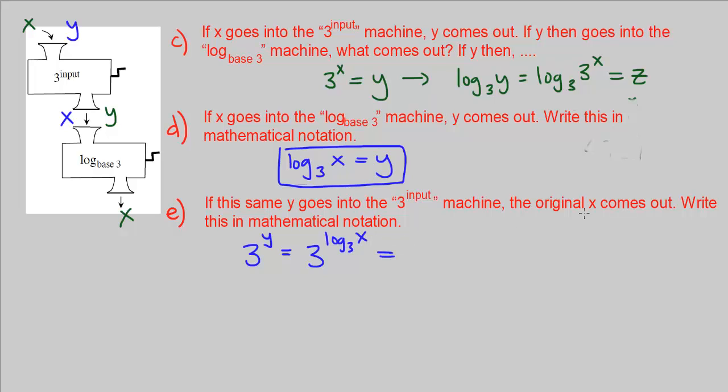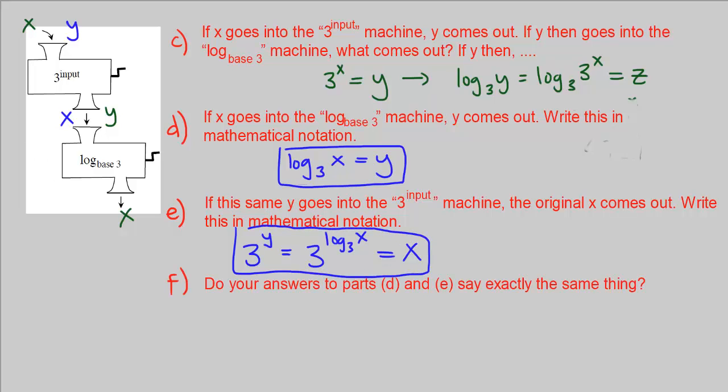It says the original x comes out, so it is equal to x. You kind of have to look closely. Well, 3 to the input means whatever goes in as the input, you replace it as 3 to that input. So that's the mathematical notation.